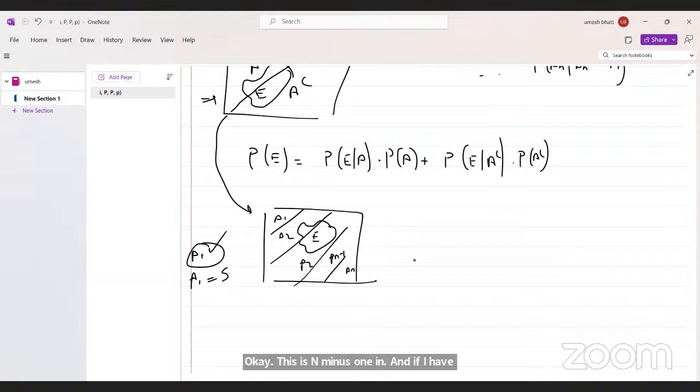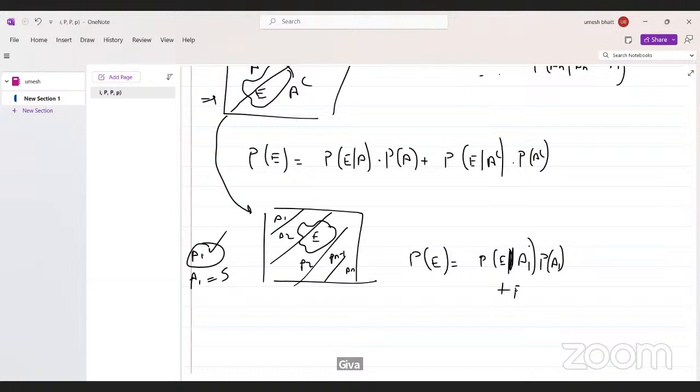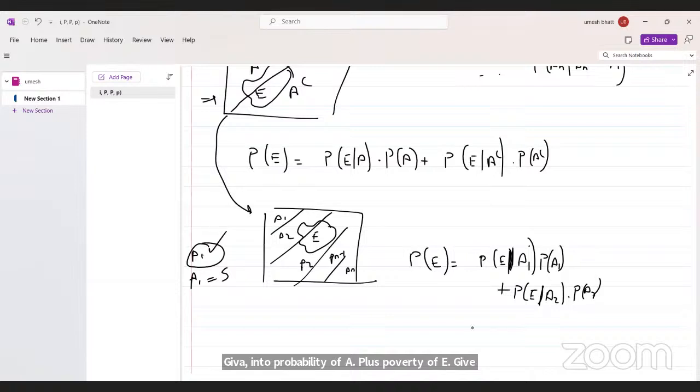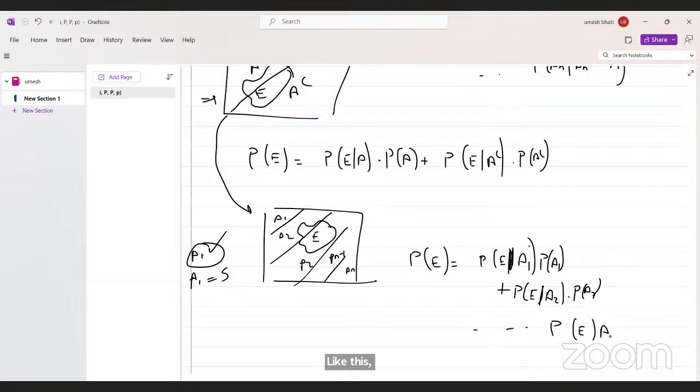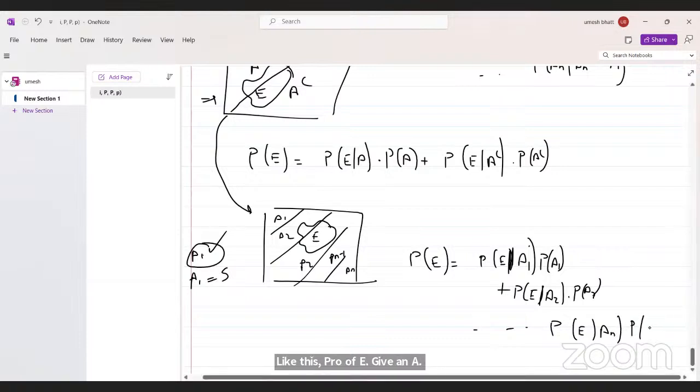Then the probability of E is: probability of E given A1 into probability of A1, plus probability of E given A2 into probability of A2, like this, up to probability of E given An into probability of An. Okay.